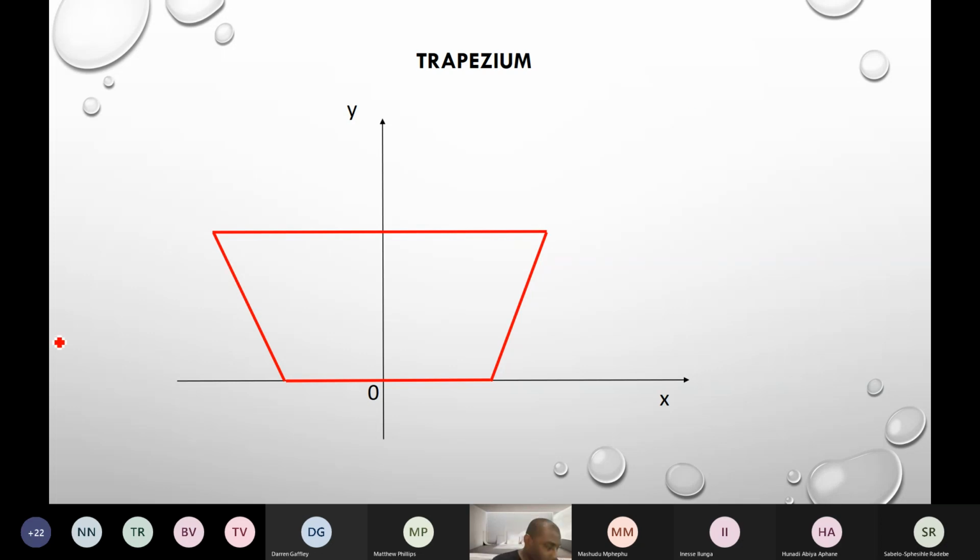Okay, let me sketch the second. Now, this is the first option that you have. You draw your shape, and the base of your shape, this base here, will be on the x-axis.